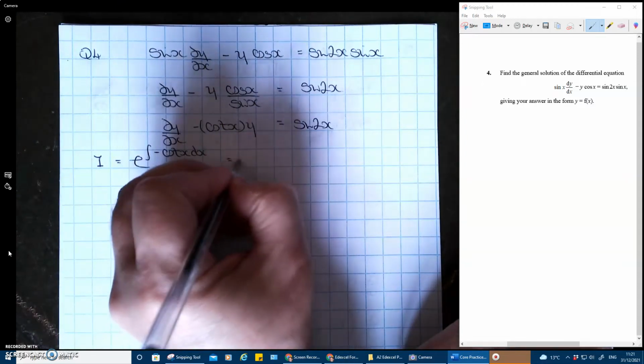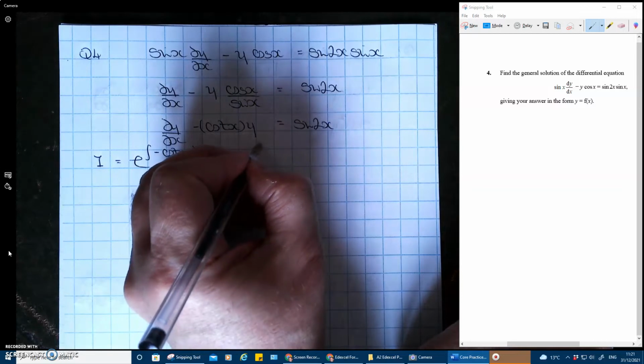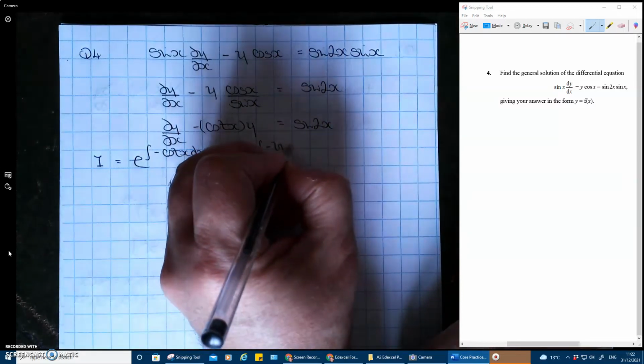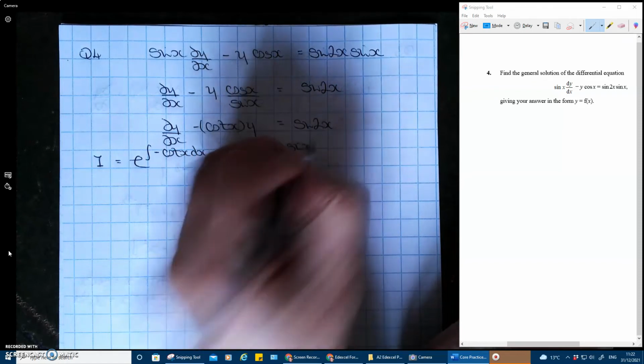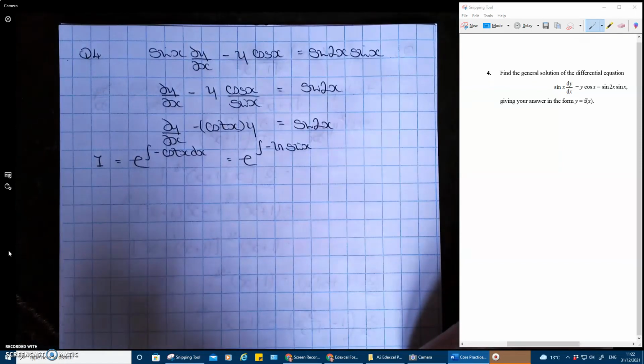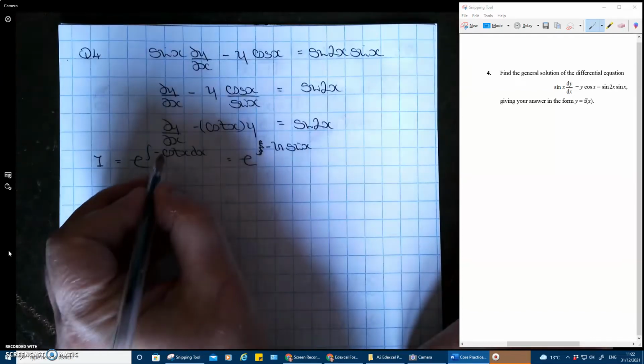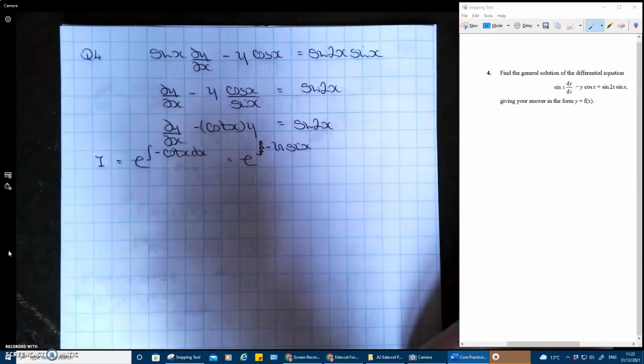So the integral of minus cot x is minus log sine x.